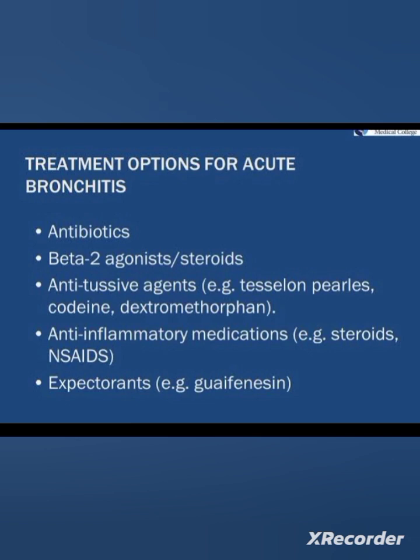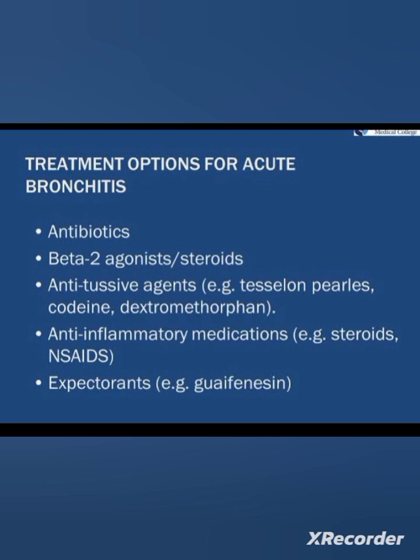So we have seen the etiology: infectious, non-infectious, and mixed etiology. Then the signs and symptoms: usually fever, cough, chest pain, headache, dyspnea and tiredness. In chronic bronchitis, the person may develop tachypnea, tachycardia and cyanosis.